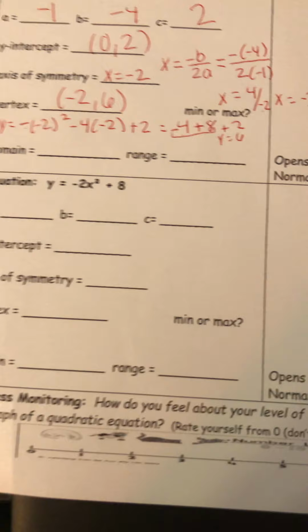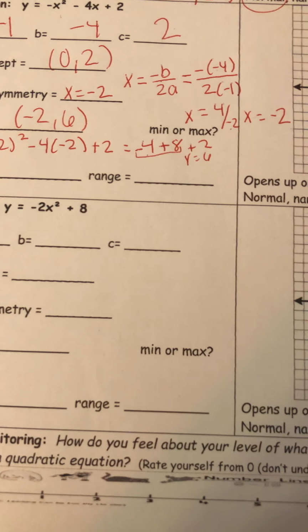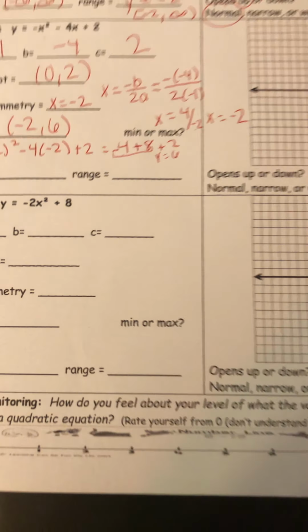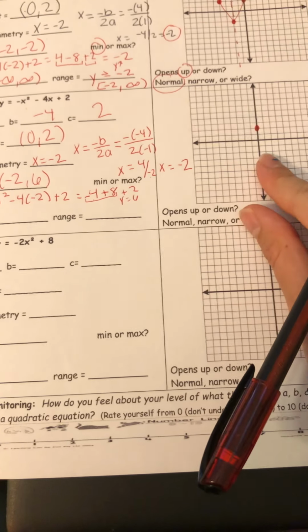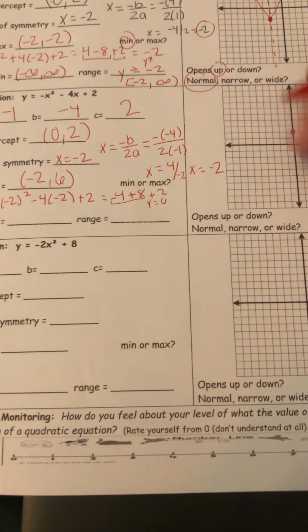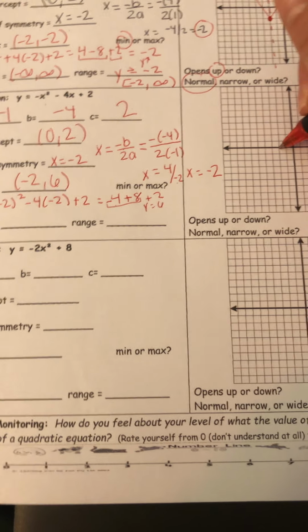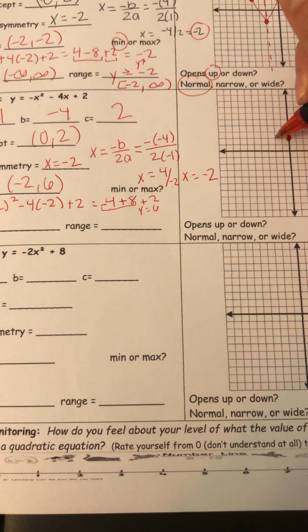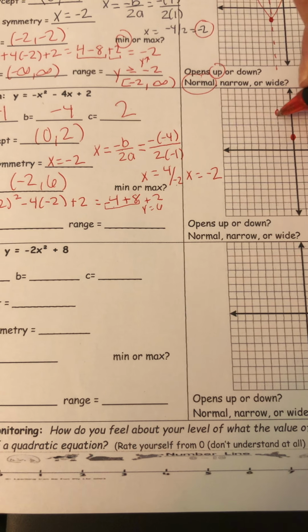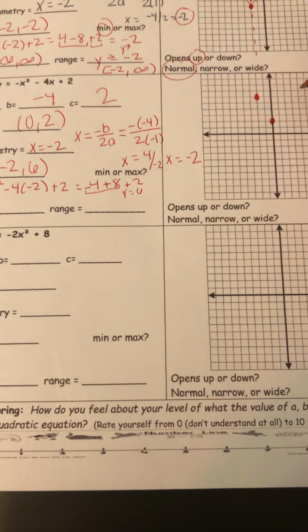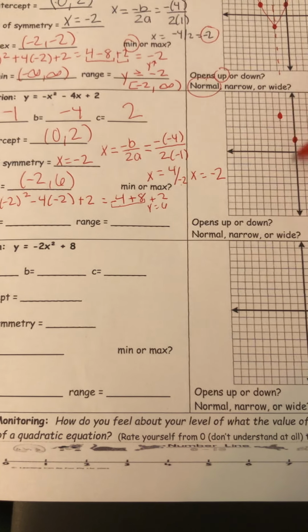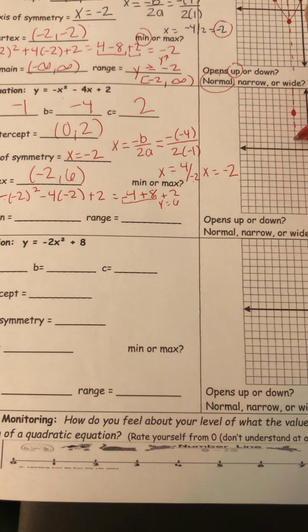So I'm going to graph my y-intercept, which is at 0, 2. Okay, and then my vertex as well, which is at -2, +6. And I know my axis of symmetry goes through the vertex at x equals -2.